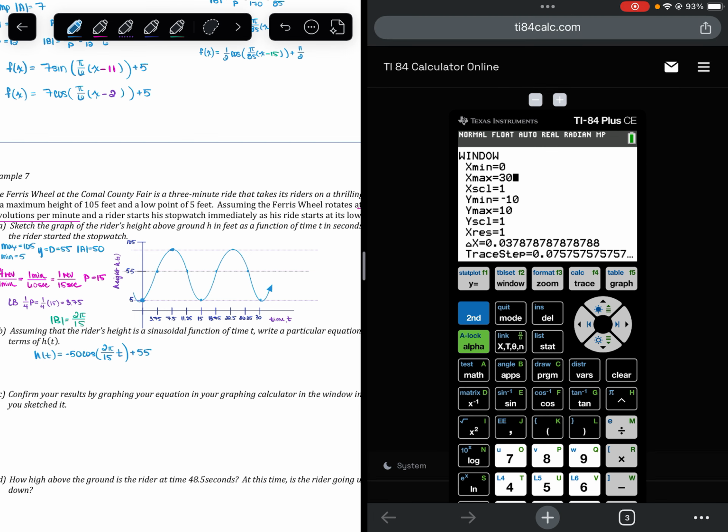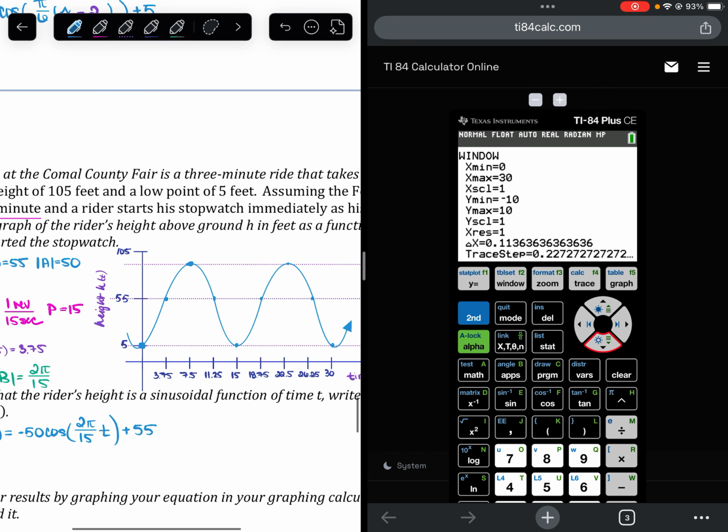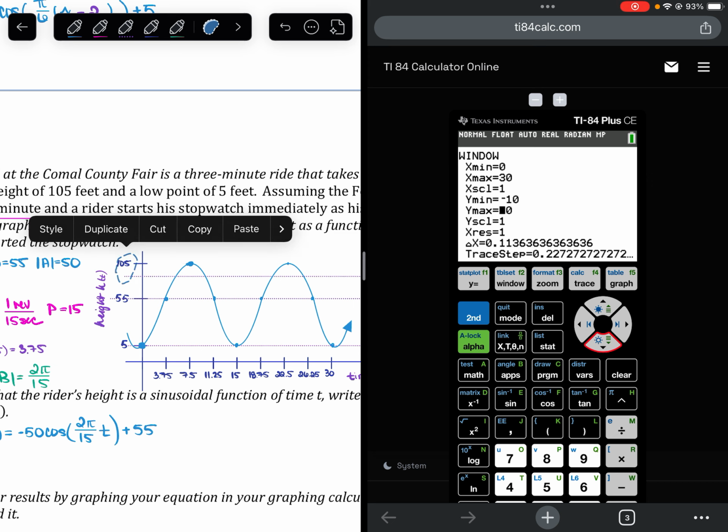Oh, so close. And then my y minimum, I'm going to leave it at -10 just so it's not right at the bottom. And then our max is 105, which I didn't quite get. Look at that. I think I accidentally drug that down. So we're going to go, whoops, there we go. Also said I would erase my lines and I forgot to.